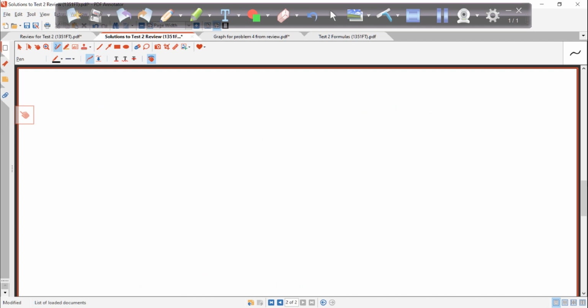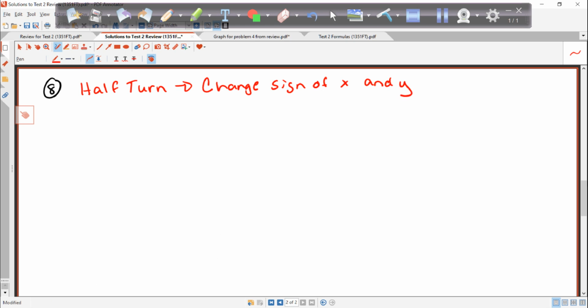Okay, so just to remind you of those rules, to do a half turn, you're going to change the sign of x and y. To reflect over the x-axis, we're going to change the sign of y.